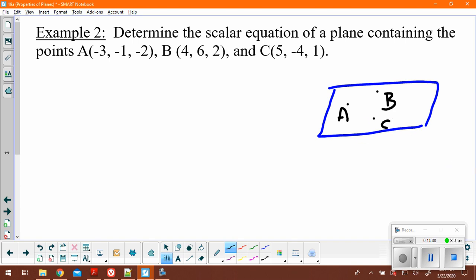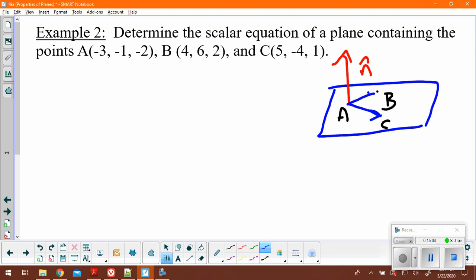To create the scalar form, I need the normal and I need a point. I have lots of points. But for the normal, I need something perpendicular to the plane. So let's say I use A as my reference for a second, I need a vector that's perpendicular to this. How can I get that? Well, because of all those points that I have, I could create some vectors in here.